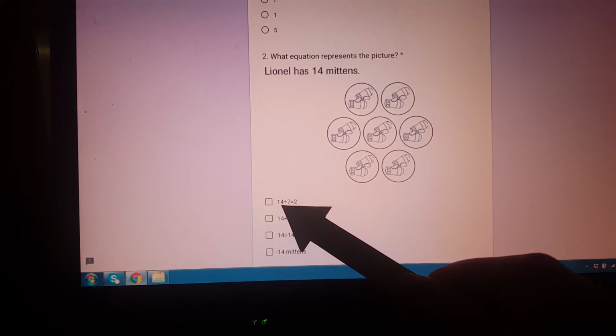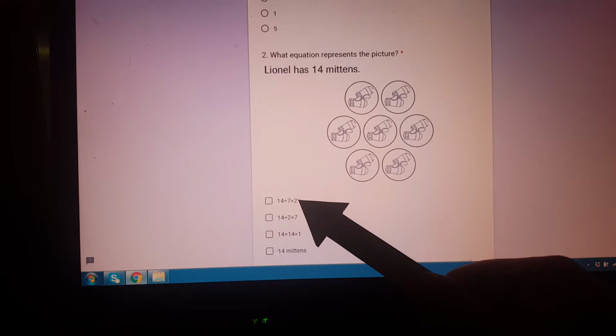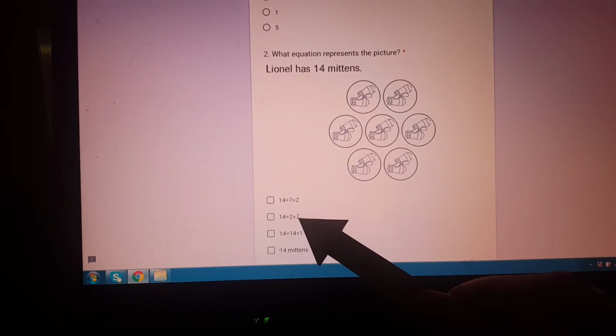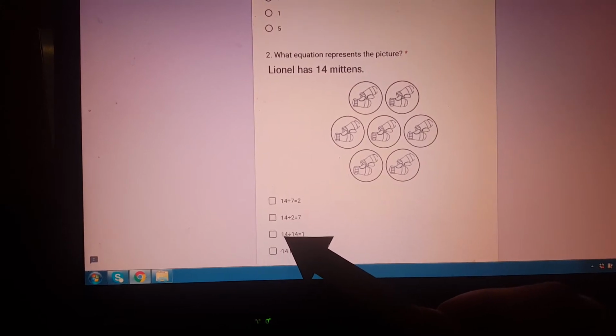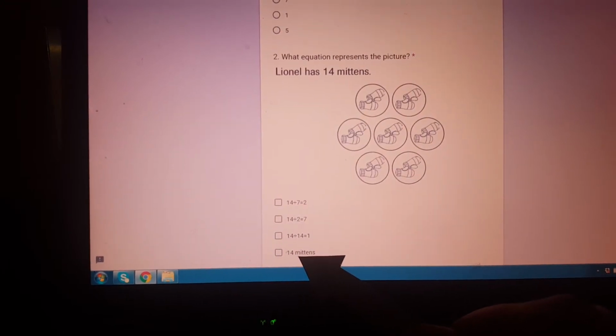Does this show the picture? 14 divided by 7 equals 2. Does this show the picture? 14 divided by 2 equals 7. Does this show the picture? 14 divided by 14 equals 1. Or does this show the picture? 14 mittens.